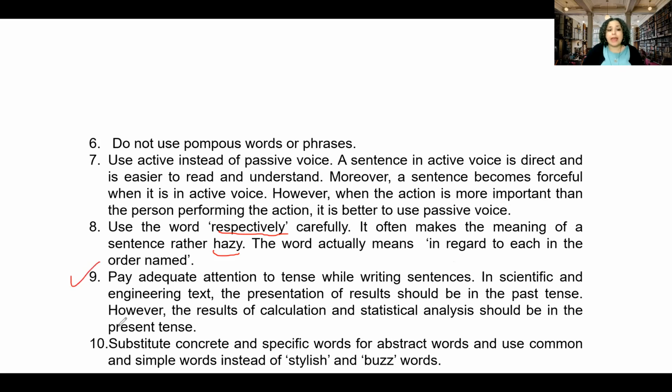Number 9, pay adequate attention to tense while writing sentences. The timing: present, past, past participle, future, and so on. We need to be careful about what type of tense we're using. In scientific and engineering text, the presentation of results should be in the past tense.